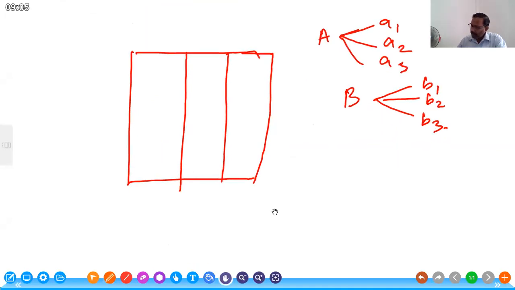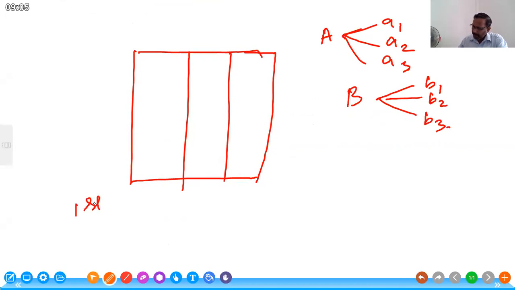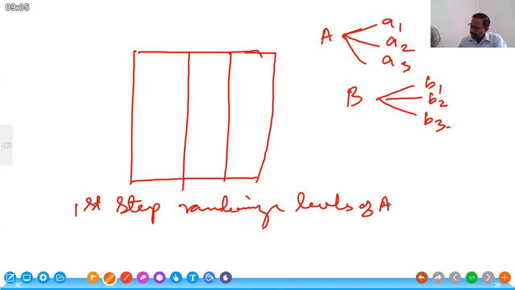In the randomization process, the first step is to randomize the levels of A in the main plots.